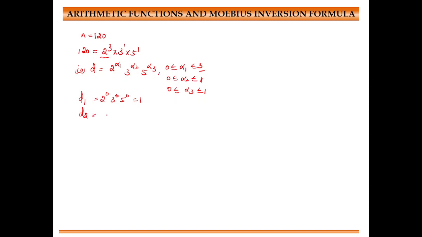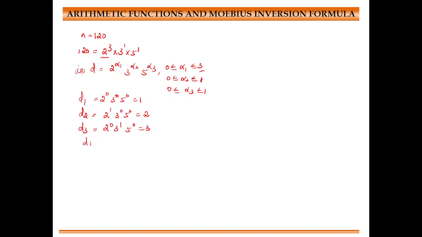D2 is equal to 2 power 1, 3 power 0, 5 power 0, which is equal to 2. And D3 is equal to 2 power 0, 3 power 1, 5 power 0, which is equal to 3.